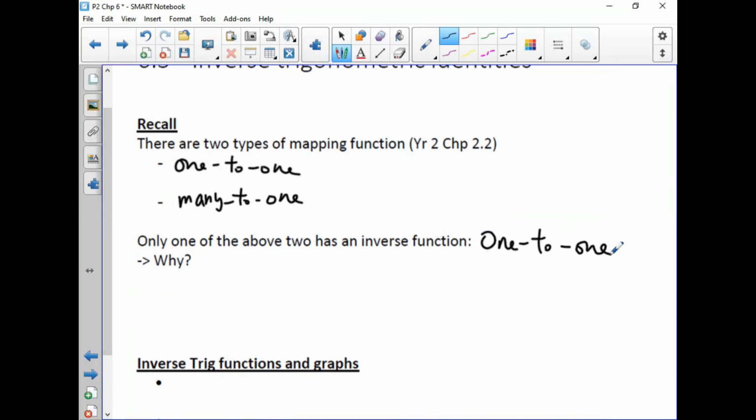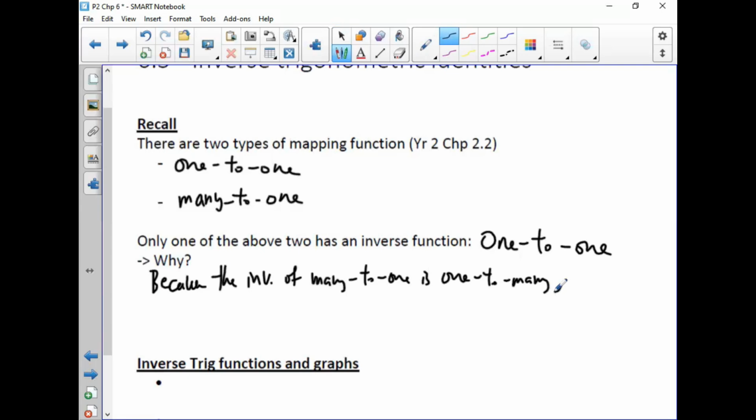Why? Because the inverse of many-to-one is one-to-many. So you flip the many-to-one and get one-to-many, which is not a mapping function.